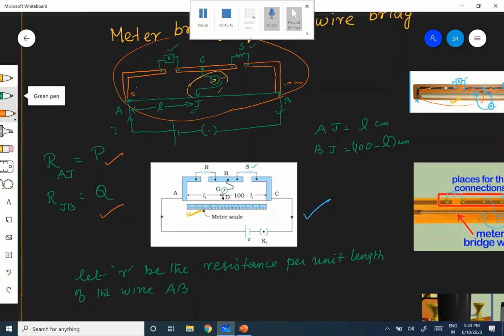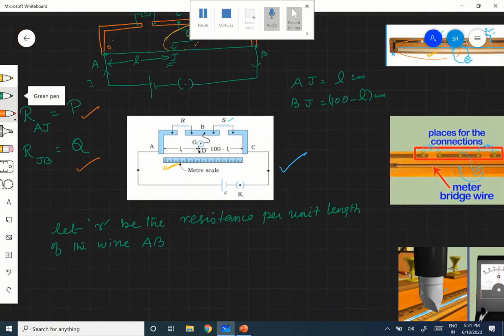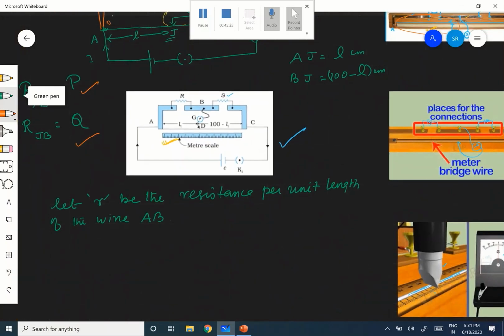Are you following? Is it clear? Now, once a bridge is balanced, you can say that P by Q is equal to R by S. What is P here?